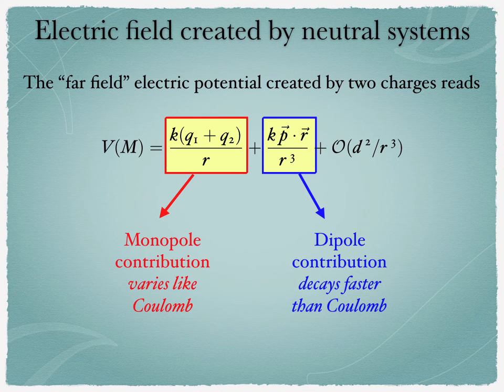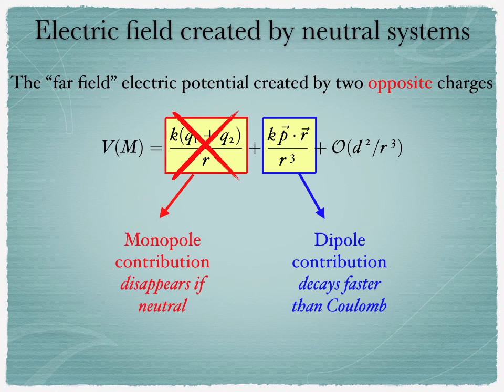The reason why it's called dipole is that if you take a particular instance where q1 is equal to minus q2, then the total net charge is 0, you've got a neutral system, and the first term disappears. There is no Coulomb contribution to the far field due to that system. However, the dipole contribution remains entirely fine.